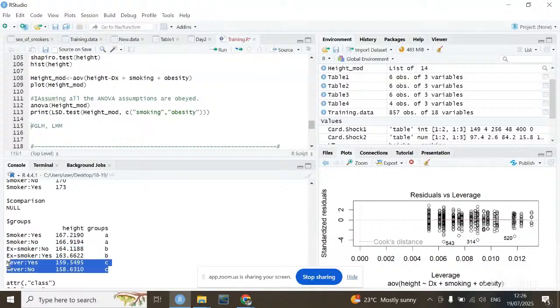And those who have never smoked but are obese, the height is not significantly different from those who have never smoked and are not obese, which is similar to these results here.